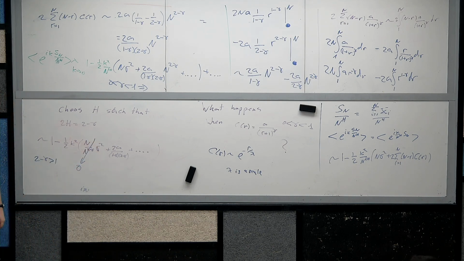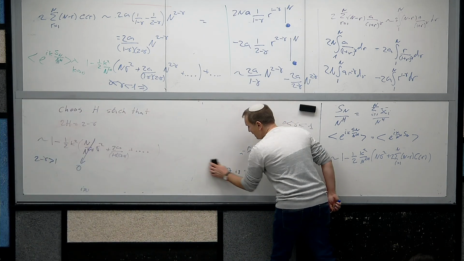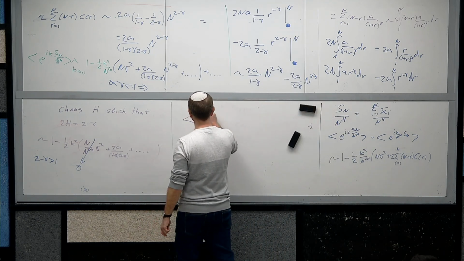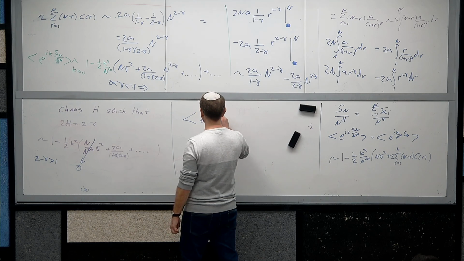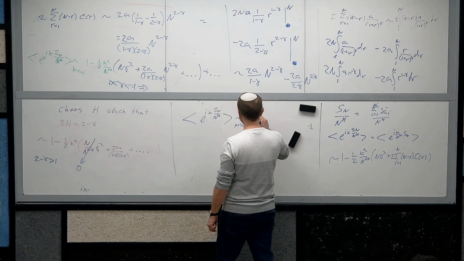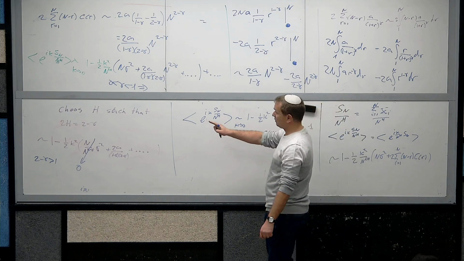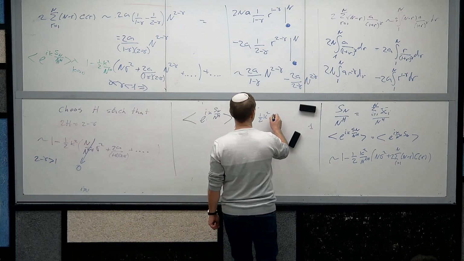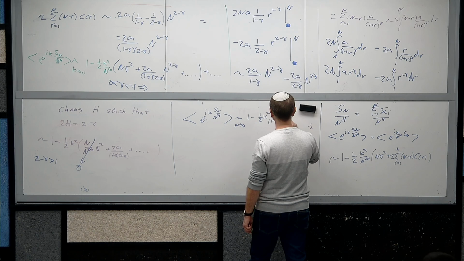Questions? No? So what I'm left with, up to second order, is that e to the power i k S_n divided by n to the power h, as k goes to 0, is 1 minus 1/2 k squared times 2a over (1 minus gamma)(2 minus gamma).